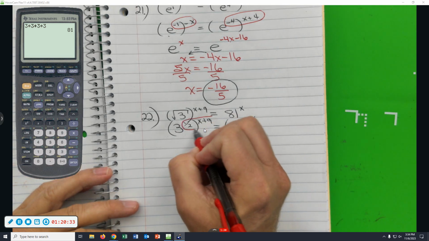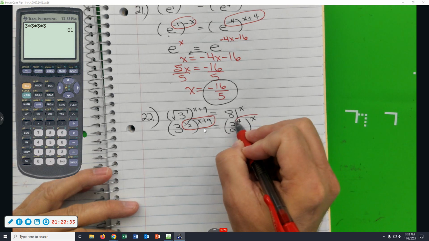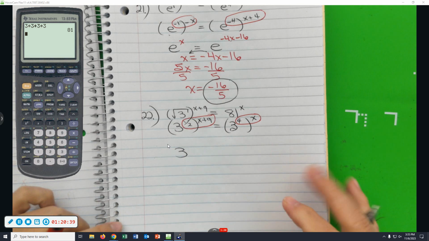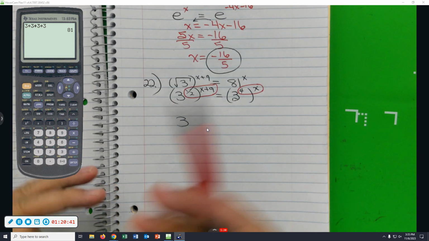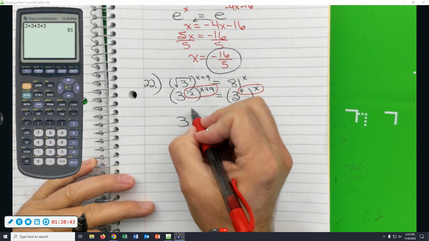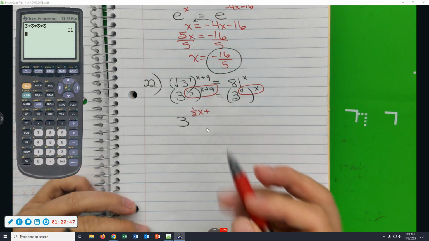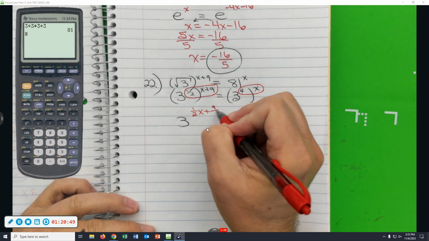You have a power raised to a power, so you multiply to get 3 to the 1/2 times x is 1/2 x, plus 1/2 times 9 gives me 9/2.